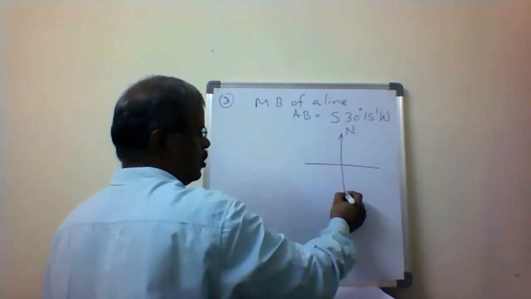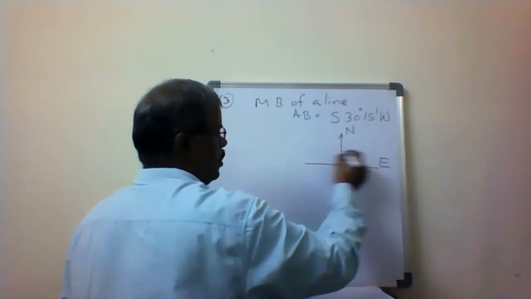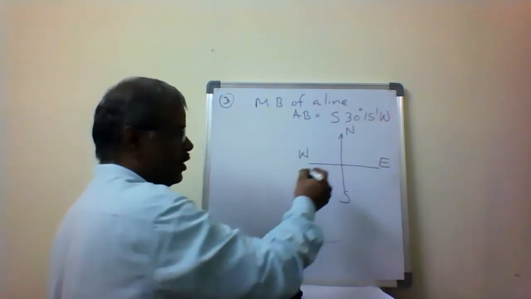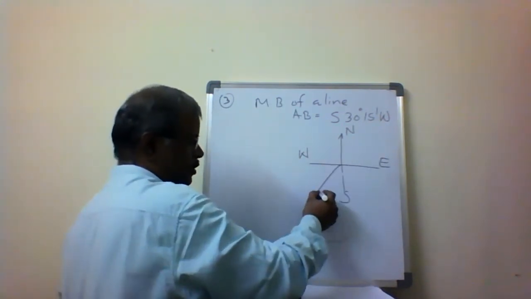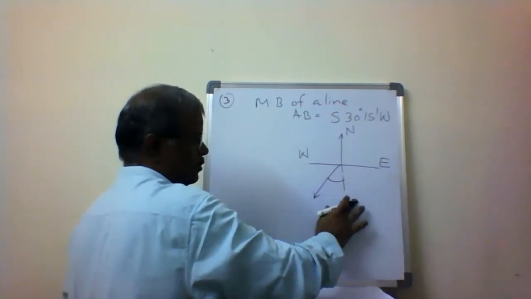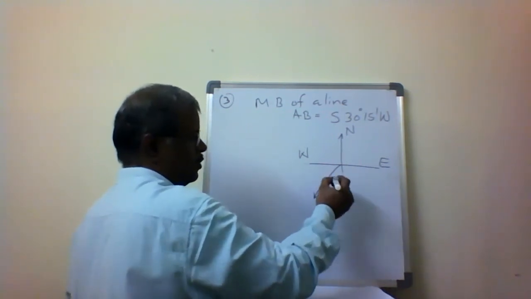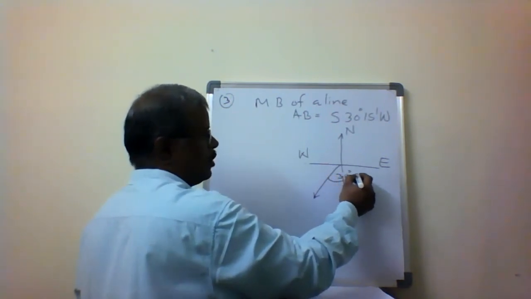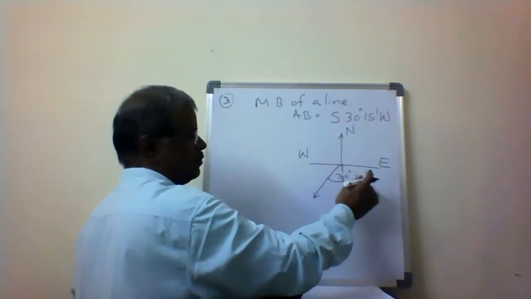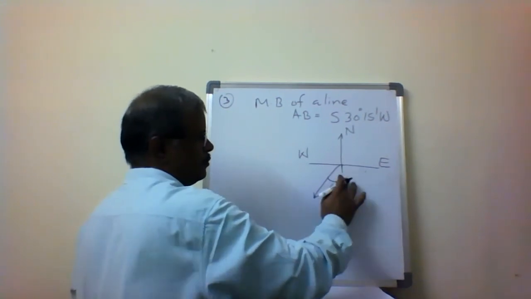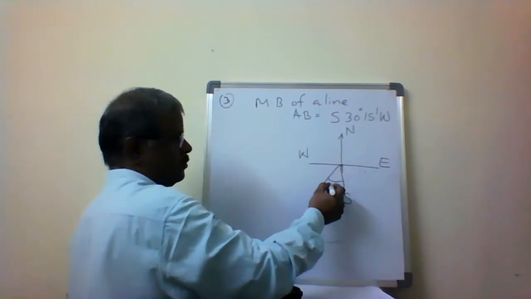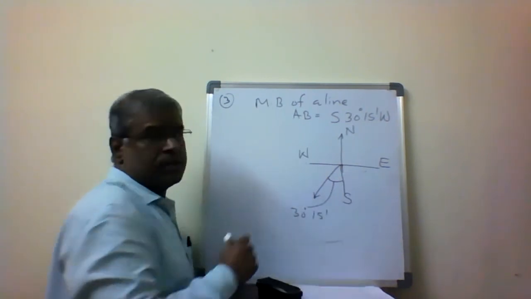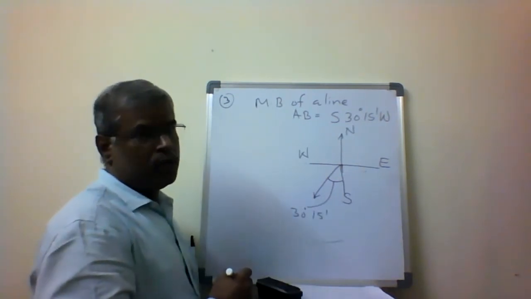North, south, east, west. South 30 degrees 15 minutes west is the direction. Now I have to convert it into the whole circle bearing.